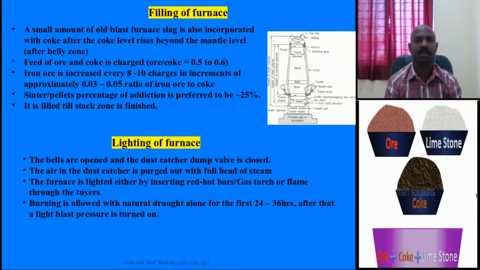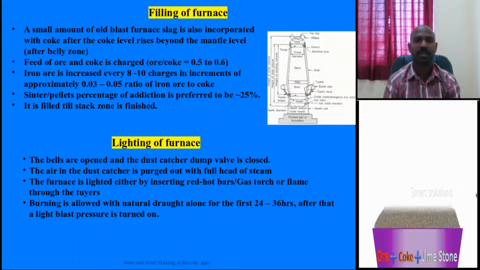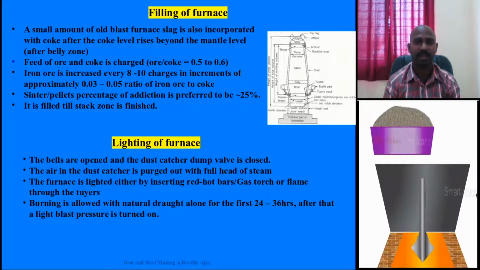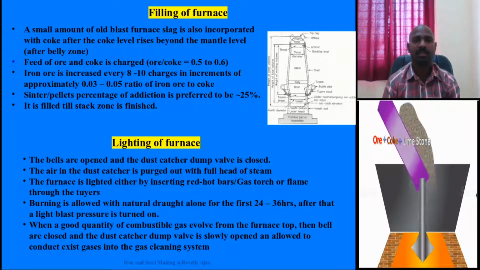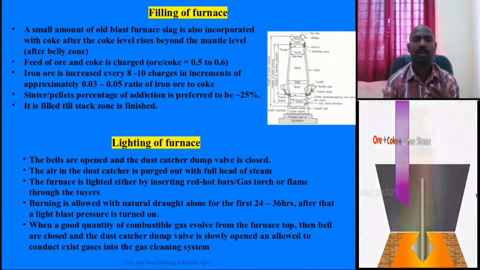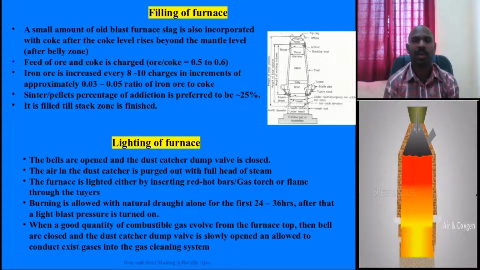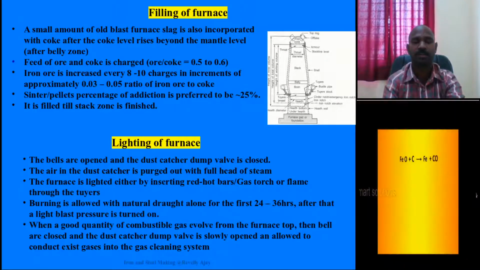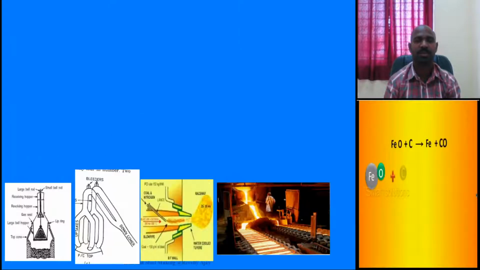After the 36 hours, you slightly increase the blast, and when a good quantity of combustible gases, evolution of CO, starts leaving from the blast furnace top, at that time you close the blast furnace top, then the dust catcher valve is slowly opened and you allow these gases into the dust catcher for further gas cleaning.